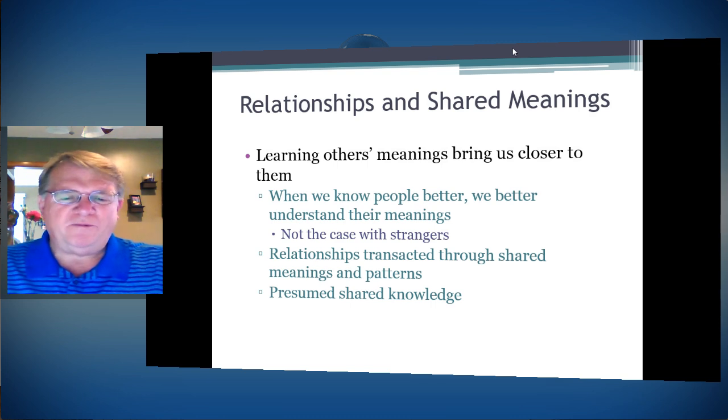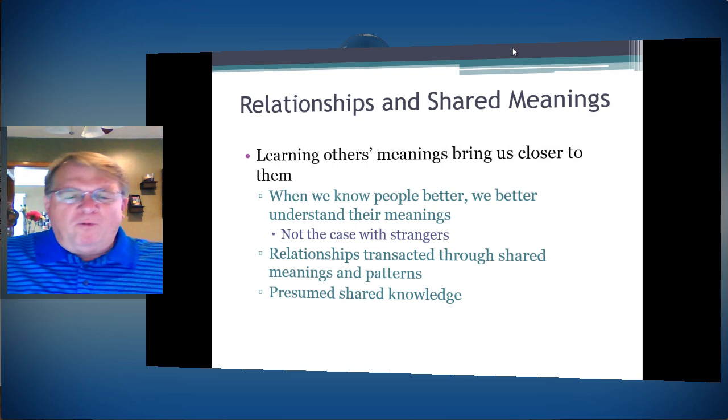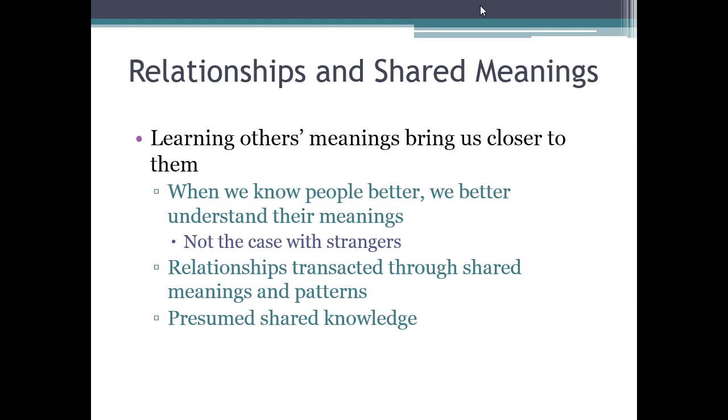So we learn to understand the worlds of others and the meanings they use as we grow closer to them. And when we know people better, we also know better what they mean when they make certain comments. That's not the case with strangers. Relationships are transacted in part because there are shared meanings and patterns of communication.